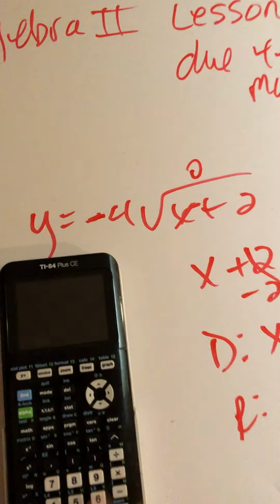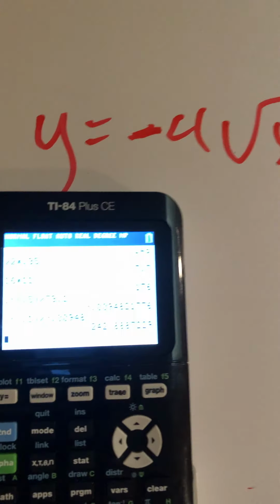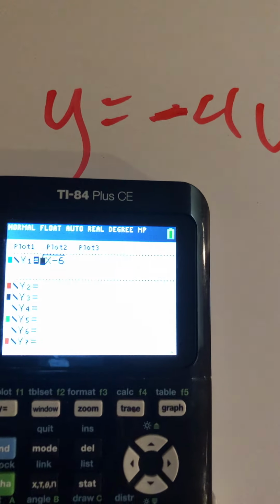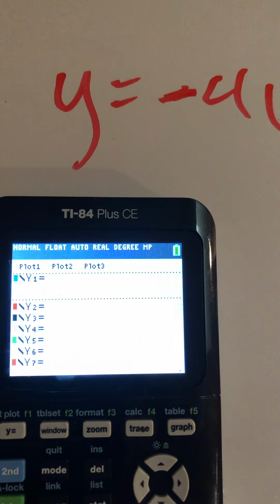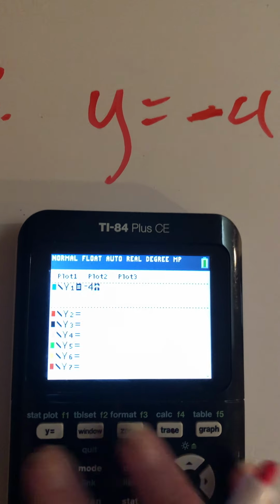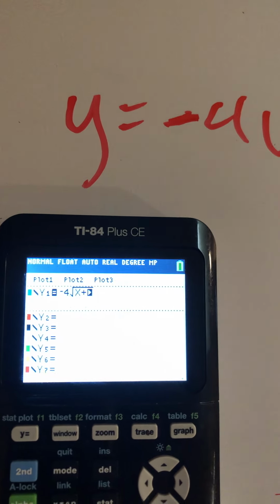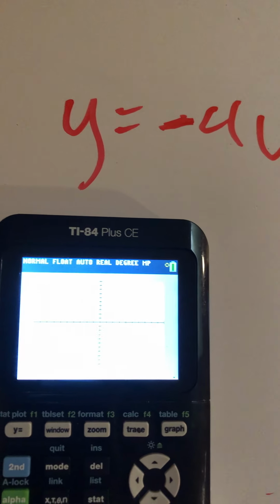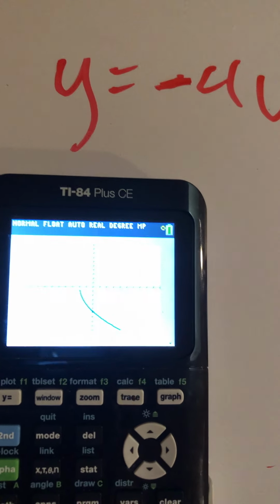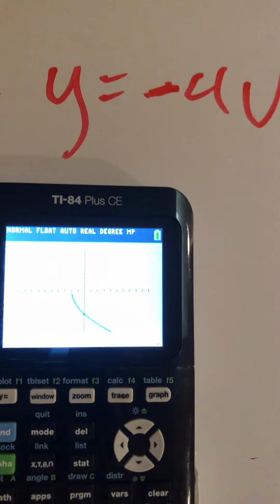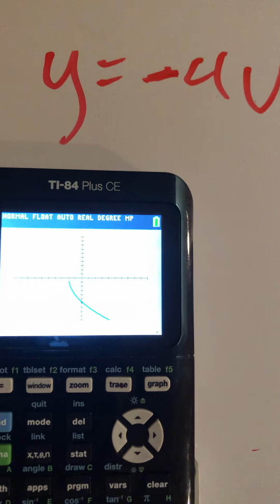Or look at it on your graphing calculator. So if I go to y equals, and I put in negative 4 square root of x plus 2 and graph it, see how it's going down? So that means your range is all less than or equal to 0.